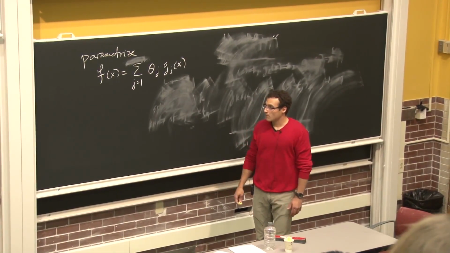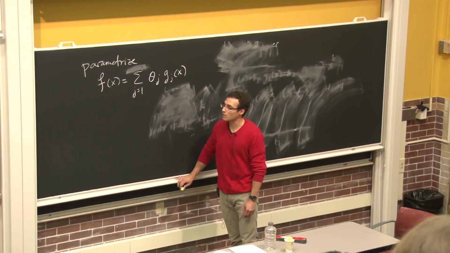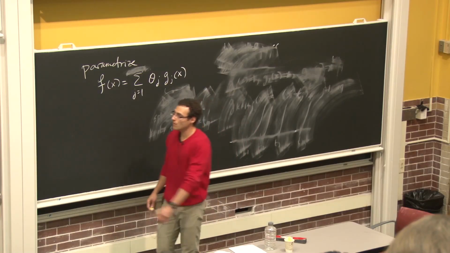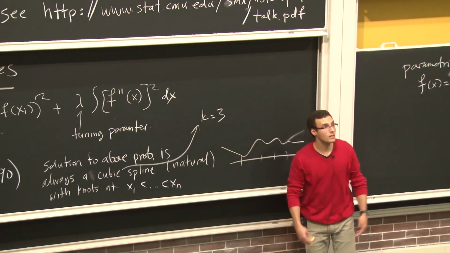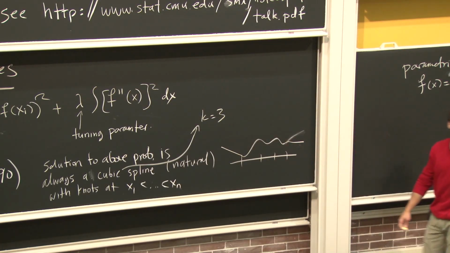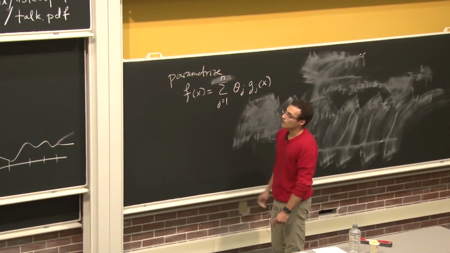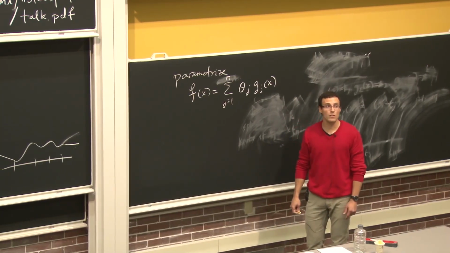But for reasons that are not difficult to explain, though I don't want to spend the time going through them, natural cubic splines actually have even fewer degrees of freedom than splines. You can see why that's true, because they're only linear out here, they're not cubic. And it's actually true no matter what the order is.